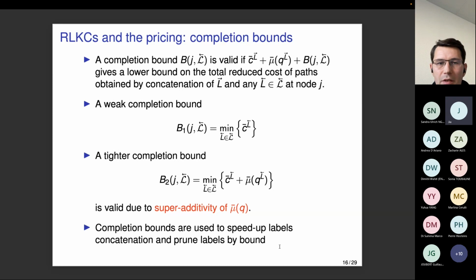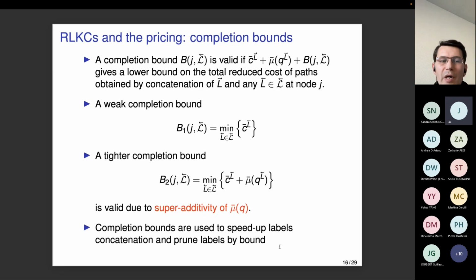And this concatenation step can be quite expensive. In order not to try the concatenation of every forward label with every backward label, we use these completion bounds to take a whole bunch of backward labels and verify whether a particular forward label is compatible with this whole bunch of backward labels.